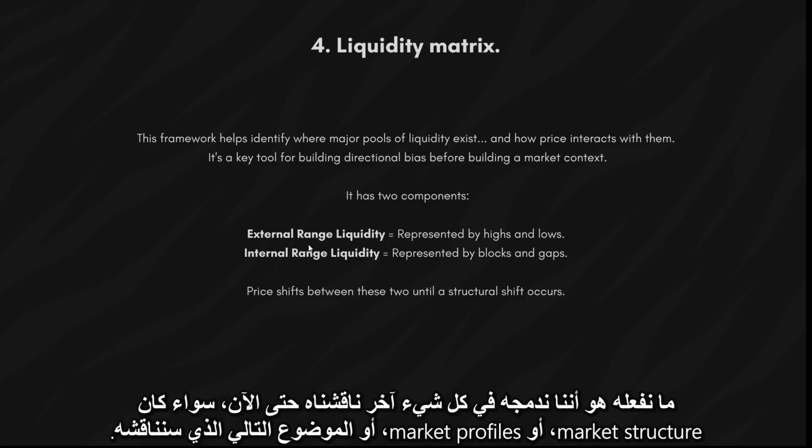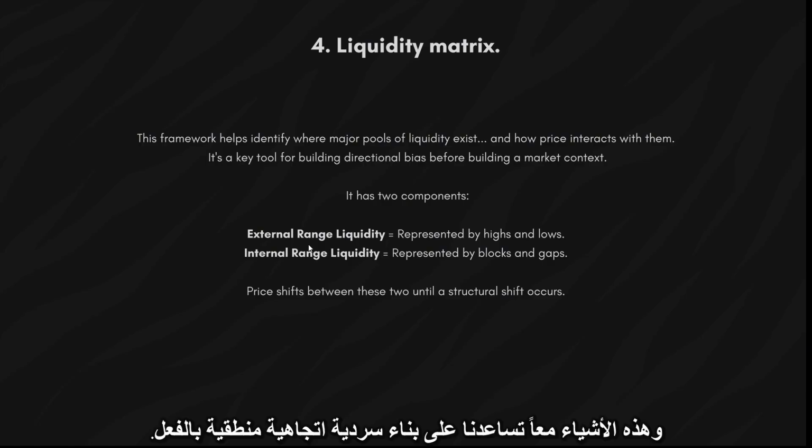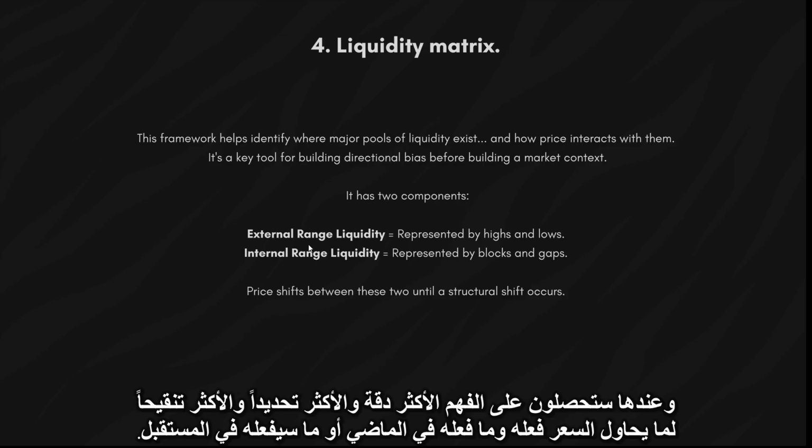What we're doing is integrating it into everything else that we discussed so far, whether it's market structure, market profiles, or the next topic that we're going to discuss. These things together help us build a directional narrative that actually makes sense. Then you'll have the most accurate, precise, and refined understanding of what price is trying to do, what it has done in the past, and what it will do in the future.